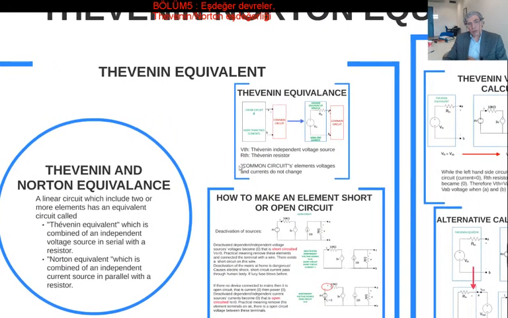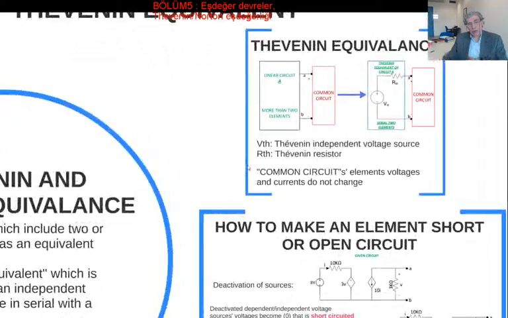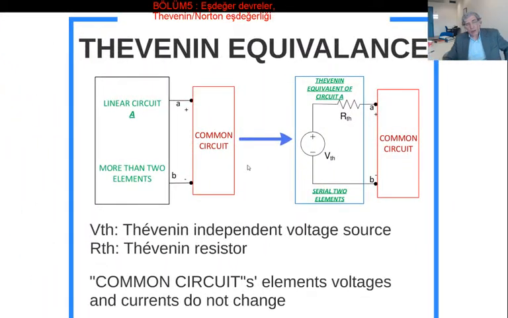If you come here, we use the equivalency now. We've got a linear circuit which has many elements in it, and the output of this element could be another circuit or could be just one element. If it is just one element, it's going to be the output element.